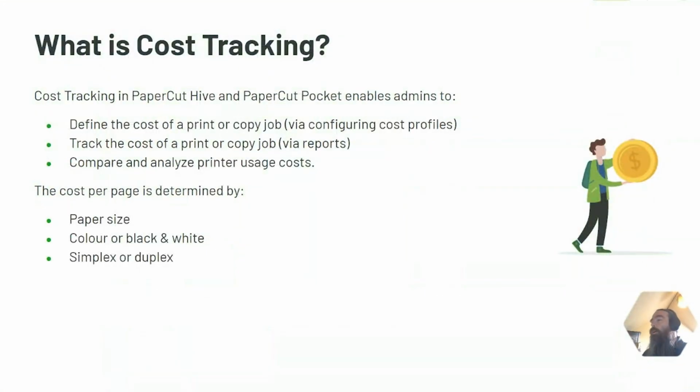So I'm going to get to talk about cost tracking. Don't worry, Max, I'll interrupt you if it needs to be, mate. That's all good. So new feature, wonderful. Everyone wants cost tracking. The good news is that cost tracking is now available, and we can define costs in multiple profiles and assign those costs to each individual printer.